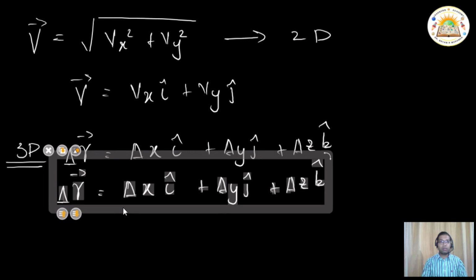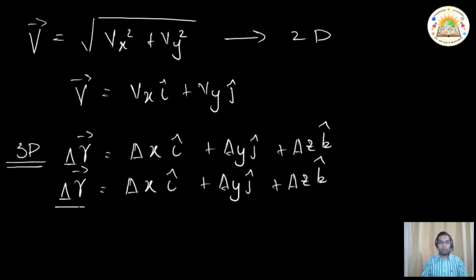I am dividing all the coefficients of the 3 axes, that is x, y and z, delta x, delta y, delta z by delta t, and we will get velocity as, let's say, we will apply the limits also.